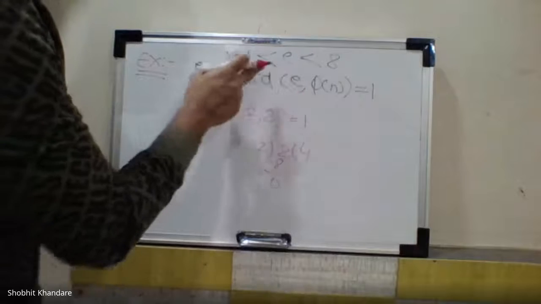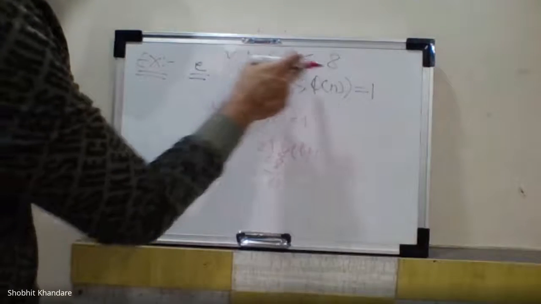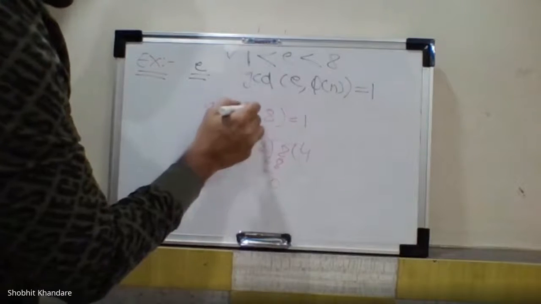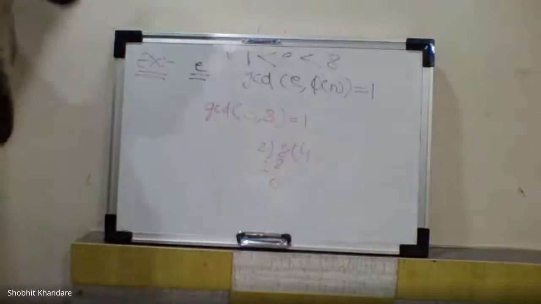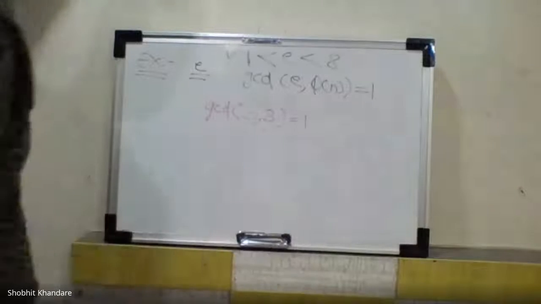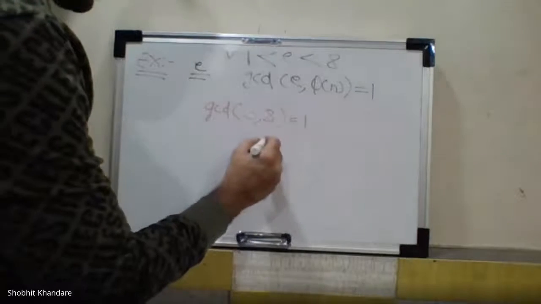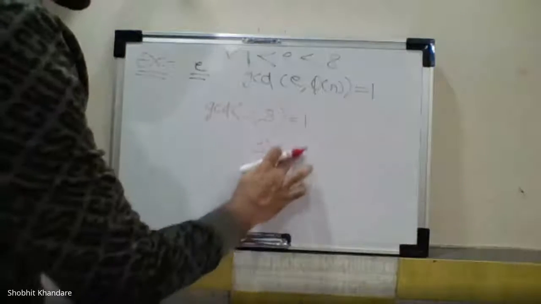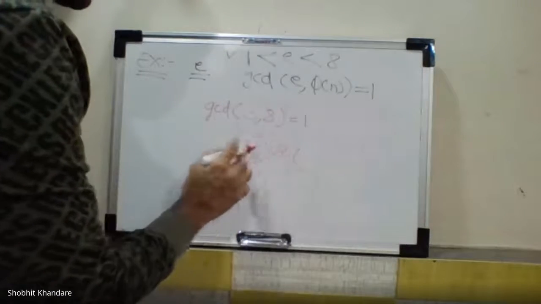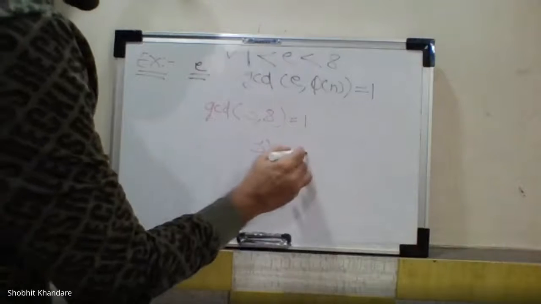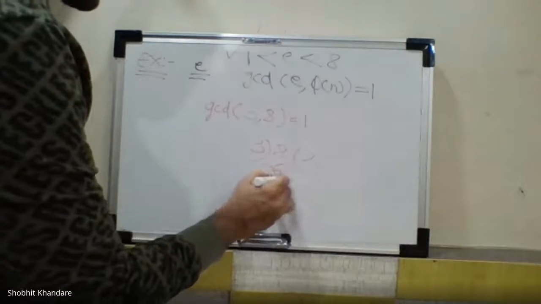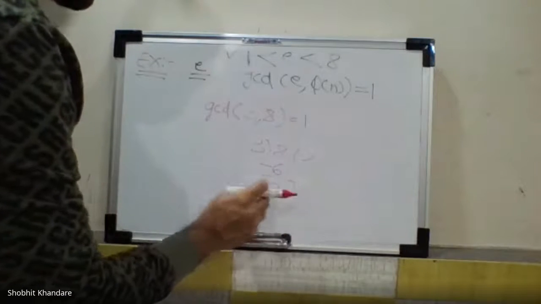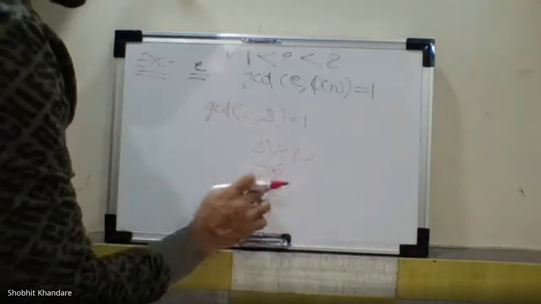Now take the value of E as 3. Now 3 lies between 1 and 8. What is the GCD of 3 comma 8? Let us see: 3 divided by 8. 3 2s are 6, remainder is 2.